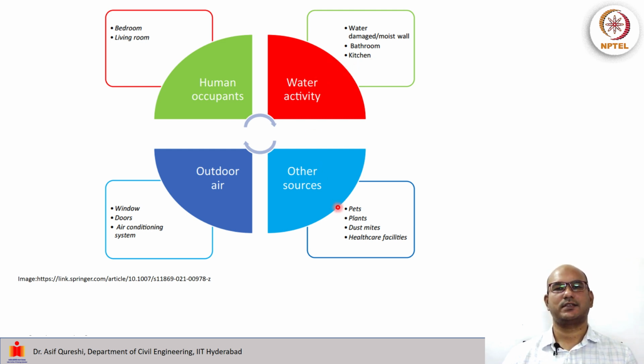Then we have sources such as pets, which have pet dander, pet saliva, pet feces, plants, then dust mites, and then other special sources are healthcare facilities, which may actually be also a source of a lot of human derived biological material, and possibly also a lot of infectious material.